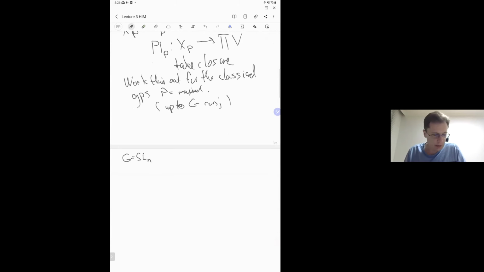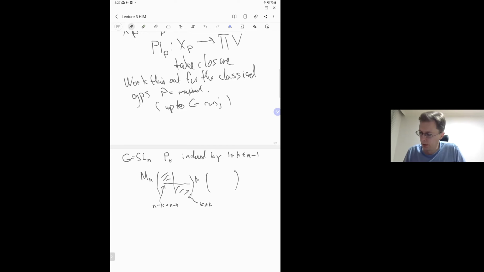Okay, so G equals SL_n. Then I have parabolics that are indexed by 1 less than or equal to k less than or equal to n minus 1. And my Levi decomposition, the M is just things that are on block diagonals. So this is n minus k cross n minus k, and this is k cross k. So I'm just thinking about everything in SL_n that has this form, block diagonal.